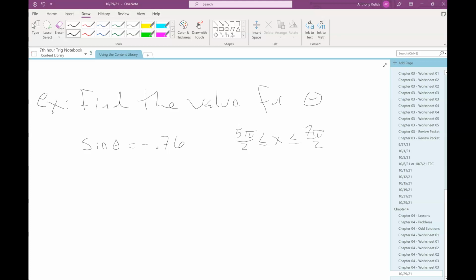And notice in the problem that what sine theta is equal to is not a unit circle value, right? So we're not going to be using the unit circle to do this. We have to use our calculator. Everybody's okay? But the calculator alone is not going to give us our answer, because our answer from the calculator can only be between negative pi over 2 and positive pi over 2, which is not the value of theta that we're looking for. So we're going to have to do a little bit more here.